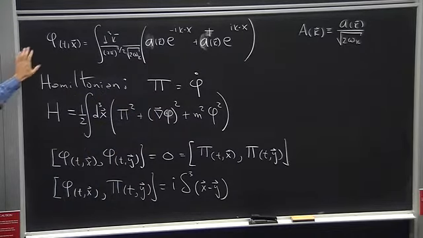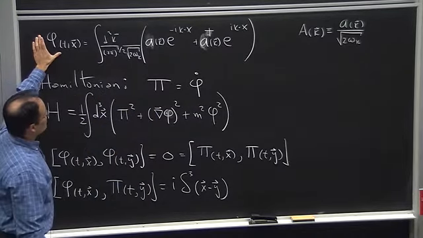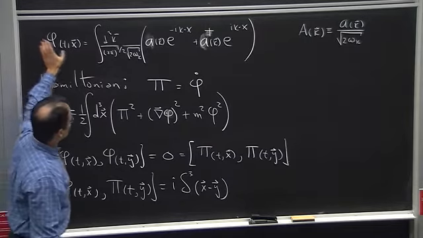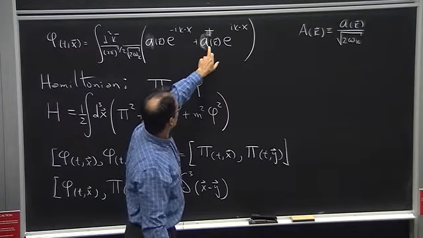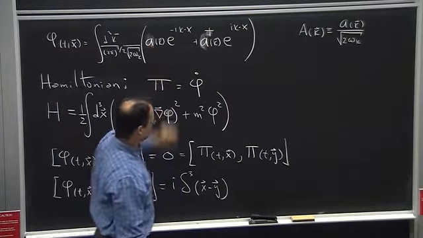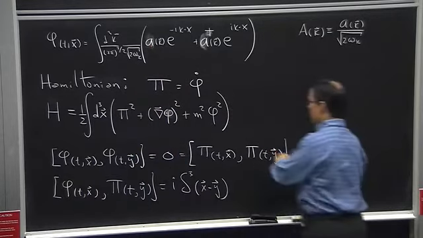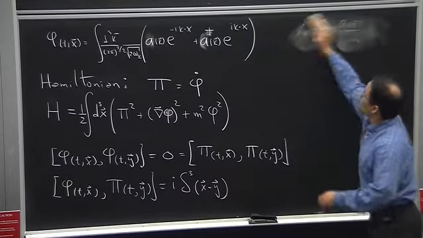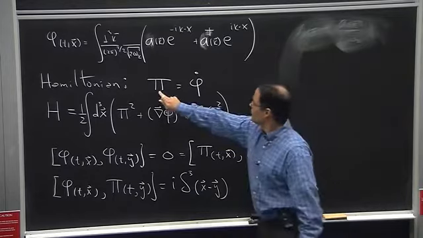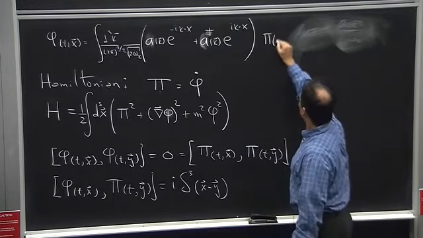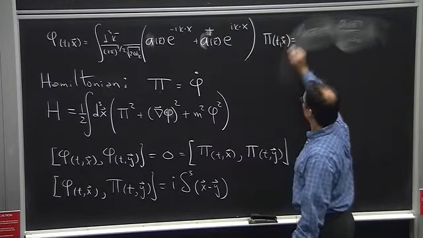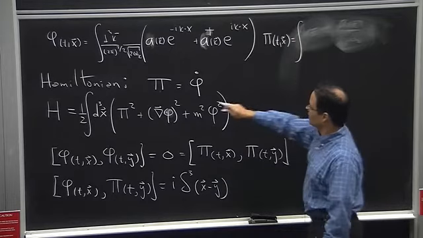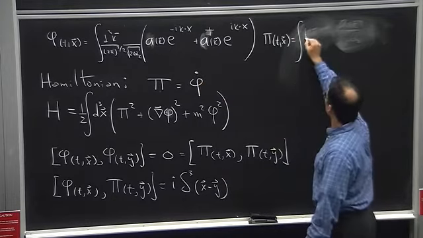In order for this operator to be real, the condition is that this mode becomes the adjoint of this operator. How about the canonical conjugate operator? Well, we just have to take the derivative with respect to time.